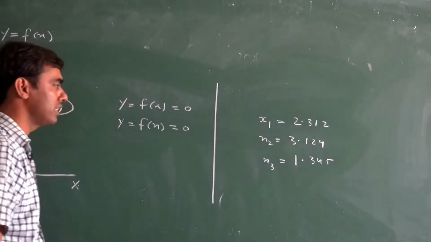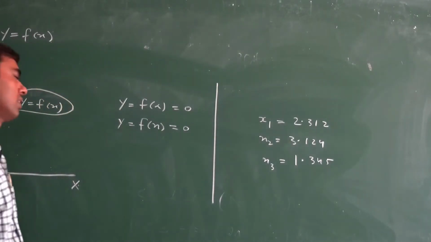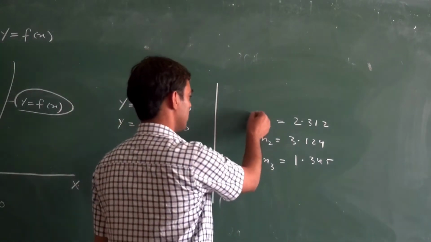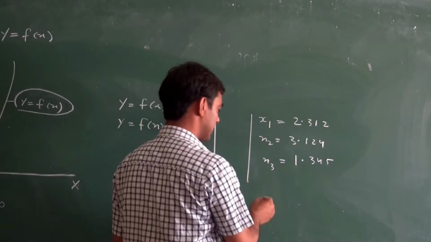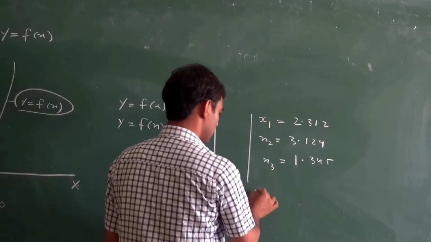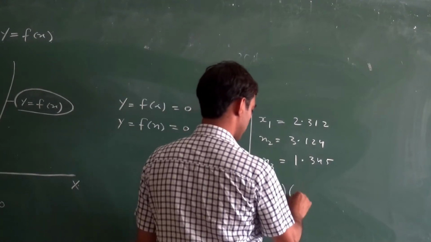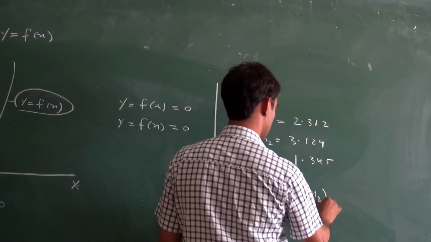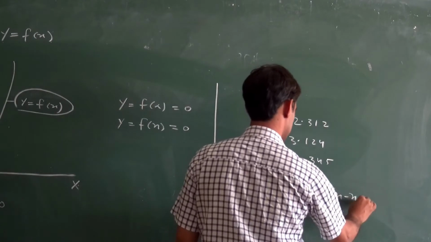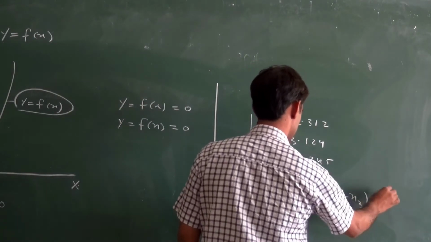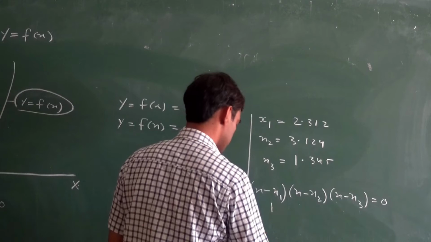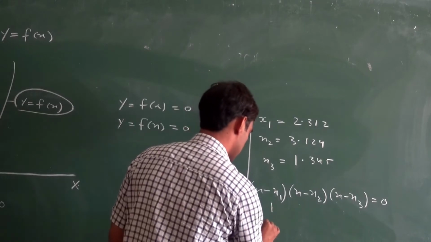Suppose an equation has 3 roots, then obviously this is a polynomial of degree 3. And suppose this forms (x minus x1)(x minus x2)(x minus x3) equal to 0.